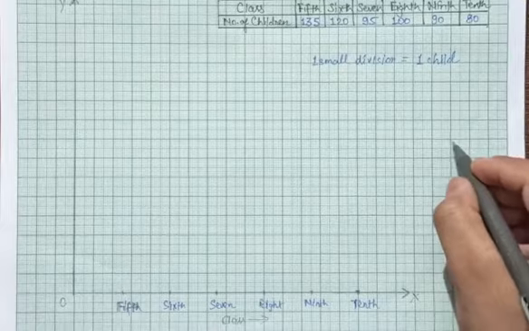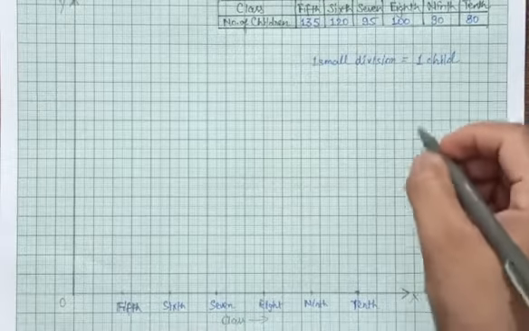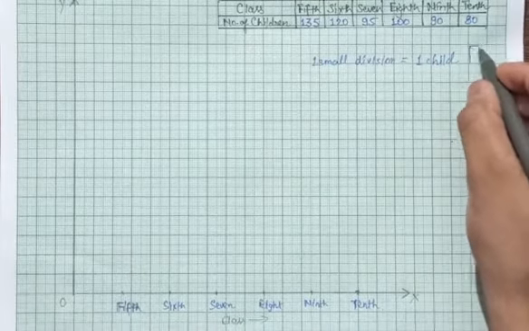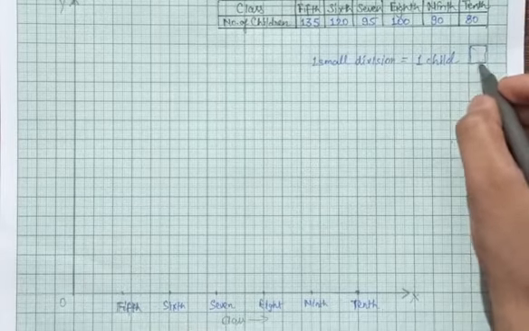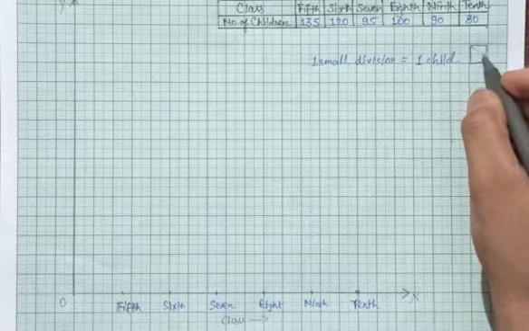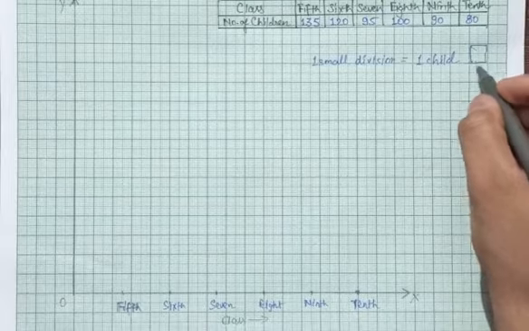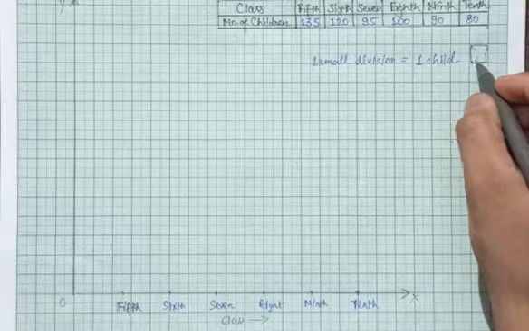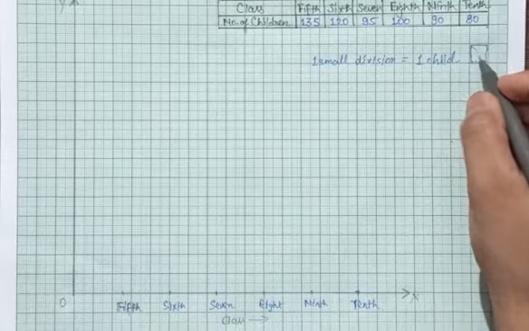Now in this box you can see that if we take a particular box here, then in this box there are a total of 10 divisions. If one division represents one child, then 10 divisions represent 10 children.